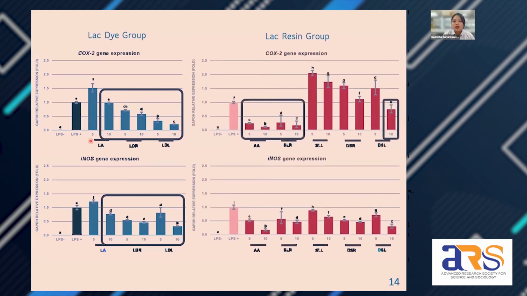On the other hand, in the resin group, we found that COX-2 gene expression could be suppressed by aleuritic acid and some of the resin samples. And for iNOS gene expression, all treatments could potentially suppress.